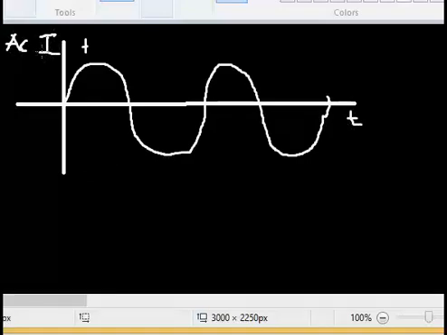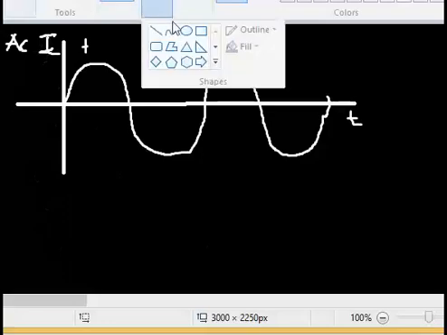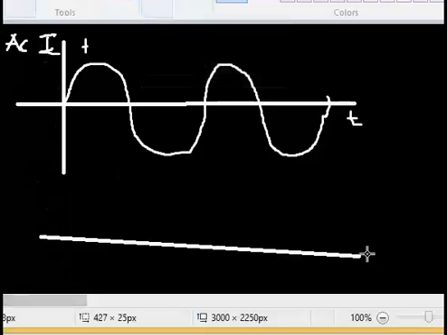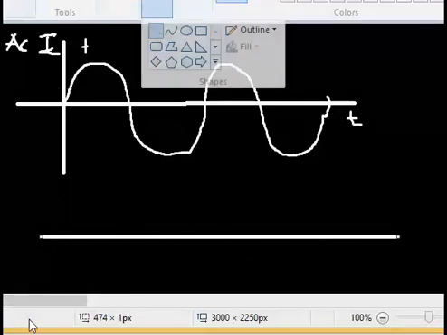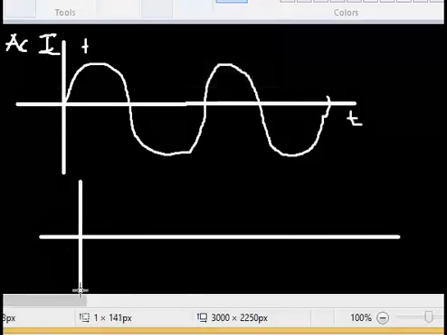Now, one thing is that both current and voltage work hand in hand. So if the current changes, then voltage will change. Why? Because according to Ohm's law, voltage is related to current by IR.